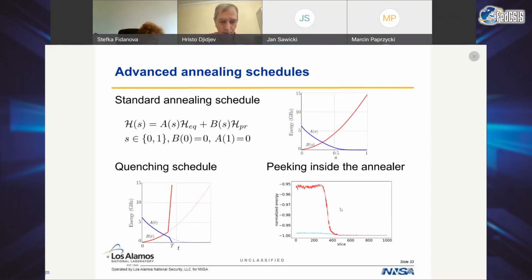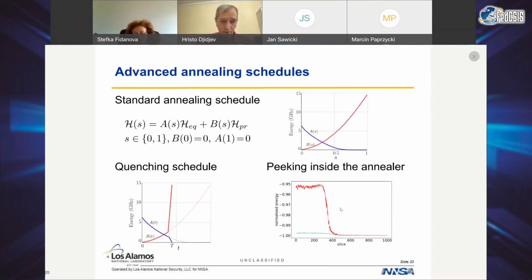We end the annealing, and that is the quenching schedule. So this schedule can be useful to see what possibly happens at this time t. And we use it to try to understand how D-Wave works, what happens during annealing.